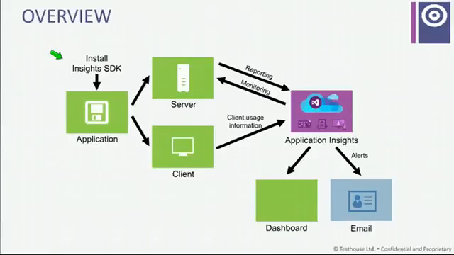So you install the Insights SDK to your application, and then with Application Insights, you can start monitoring your server and also the activities on the client side. On the client side, you will be able to monitor the client usage information. This information is automatically sent by the client to the Application Insights server. And on the server side, if you want, you can monitor the application behavior. So you can look at the availability.